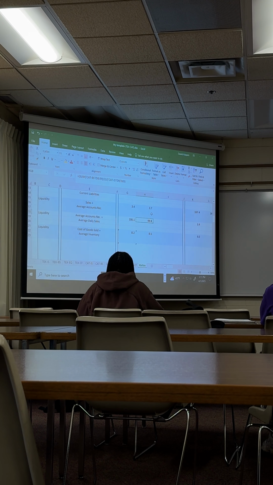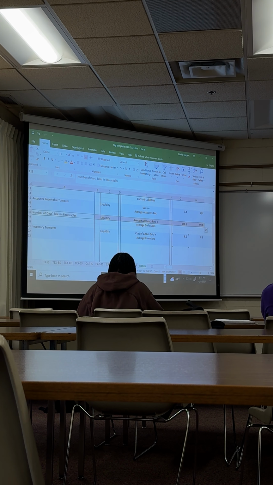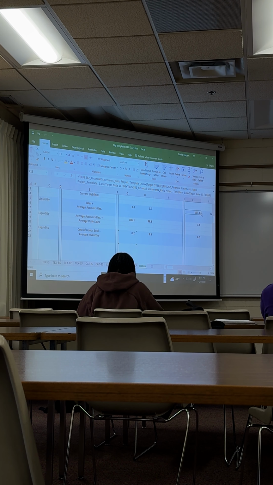I want you to notice something here. These numbers that we just put in, these 2 ratios, the accounts receivable turnover ratio and the number of days sales in receivables for Caterpillar. We didn't do columns K and L, this one right here. This is where you're gonna do the formulas for Terex, but the numbers that are in here are still coming from the Walmart and Target file.